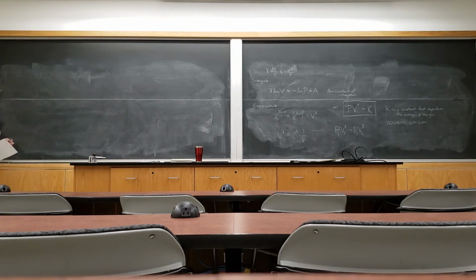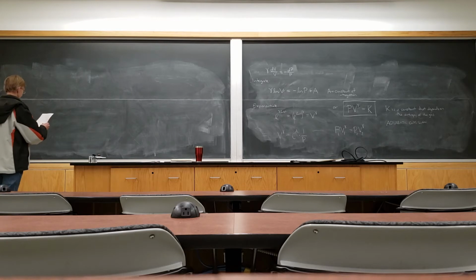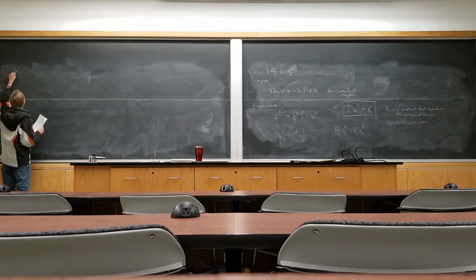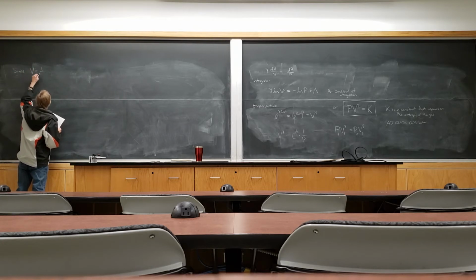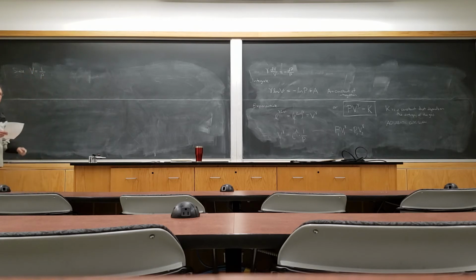Now, V remembers the specific volume, the volume per unit mass. Let's put it in terms of the density, which is the reciprocal of that. The specific volume, volume per kilogram, cubic meters per kilogram, is the reciprocal of the kilograms per cubic meter, 1 over rho.